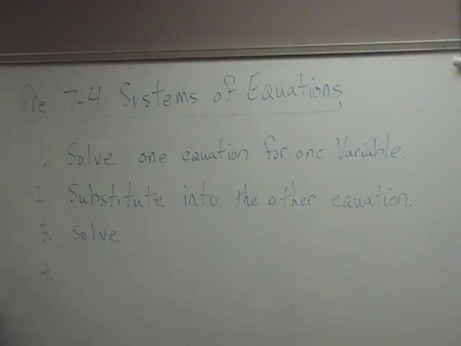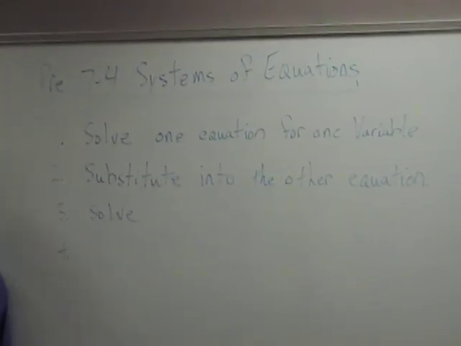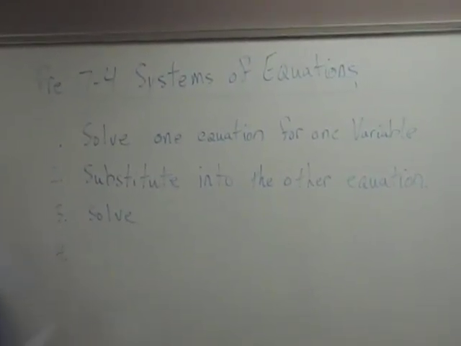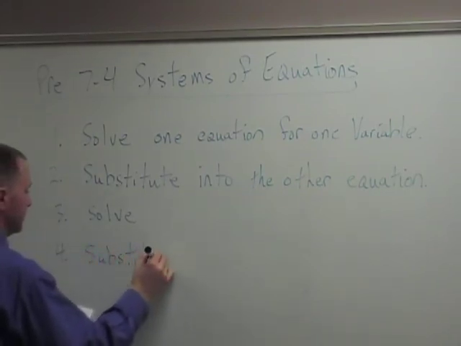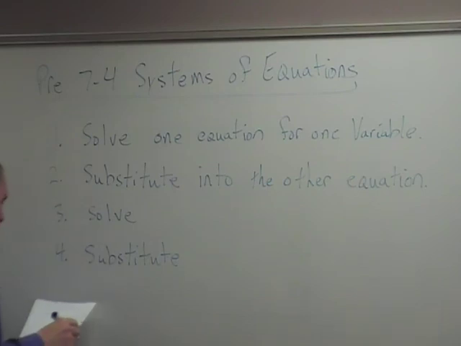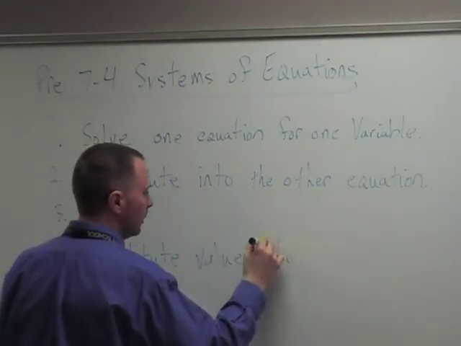Now, in both of these equations, you probably have 2 variables. You'll see what I'm saying in a minute as I give you the example. So we have to solve for the other variable. Step 4 is substitute that value into the original equation.